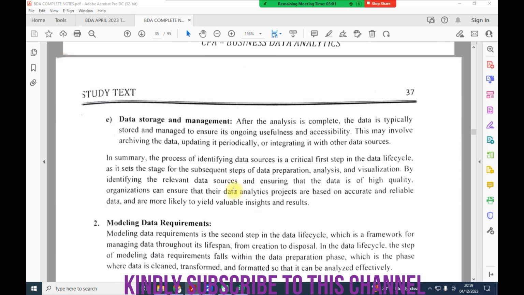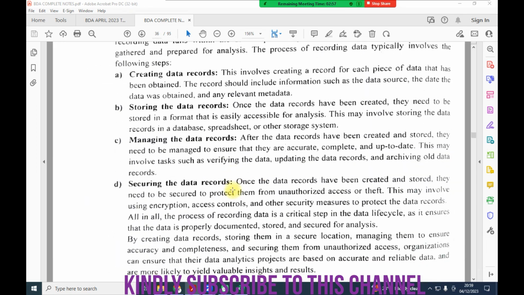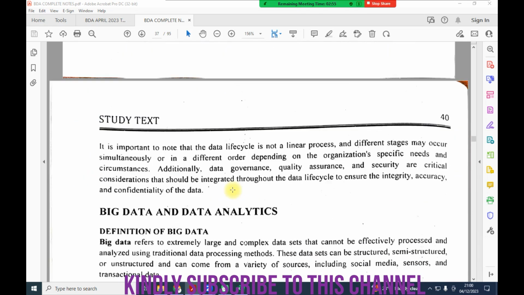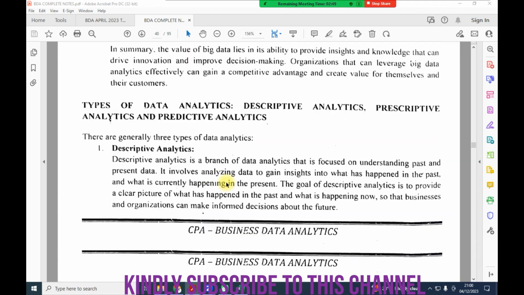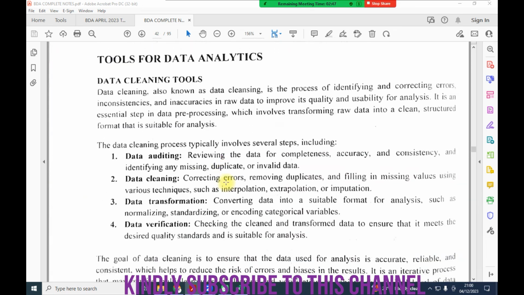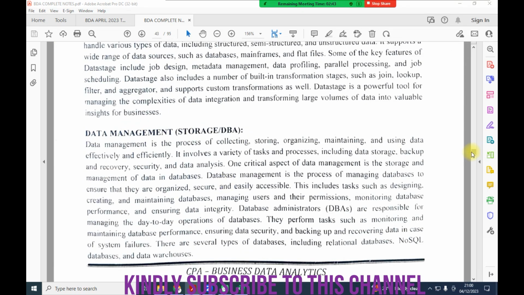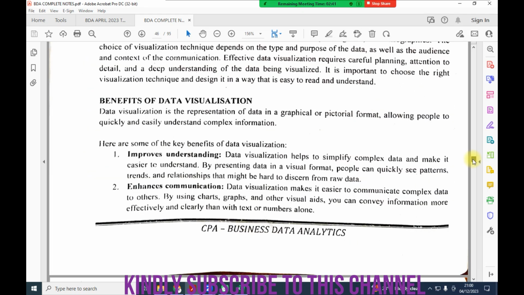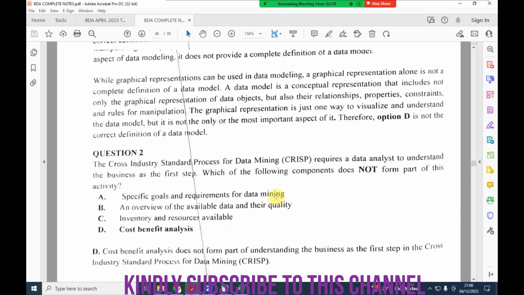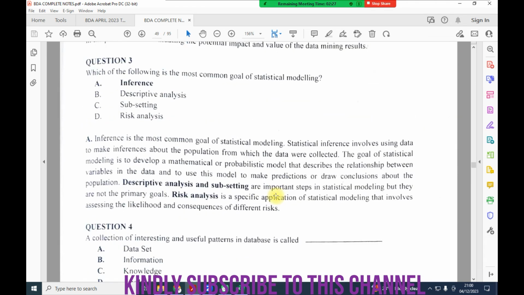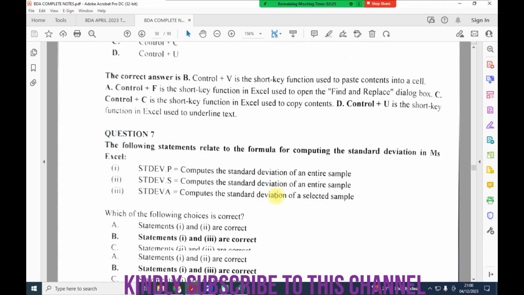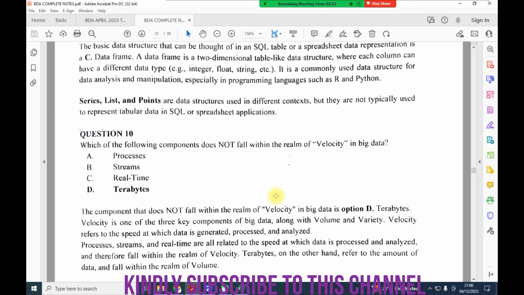So we will go through that one unless we'll be having any clarification, but the two papers, the one for September and the one for December, have already been tackled and explained in detail. So you'll find the multiple choice revision question for the pilot paper for 2022, and after this one you will find the one for December.